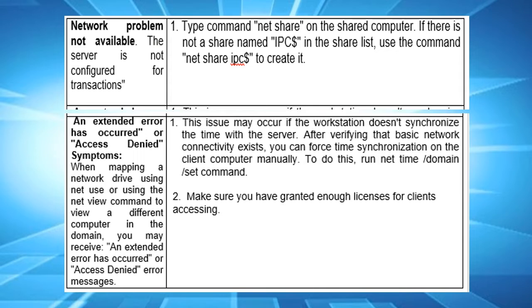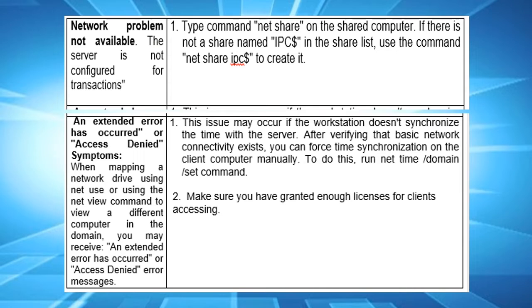Then another, we have "an extended error has occurred" or "access denied." The symptoms: you can encounter this when mapping a network drive using net use or using the net view command to view a different computer in the domain. You may receive the error messages "an extended error has occurred" or "access denied."